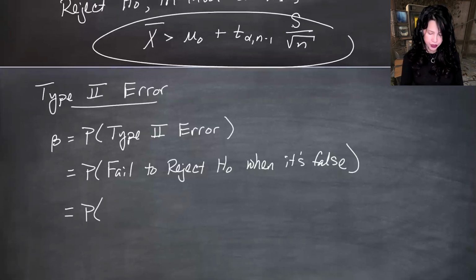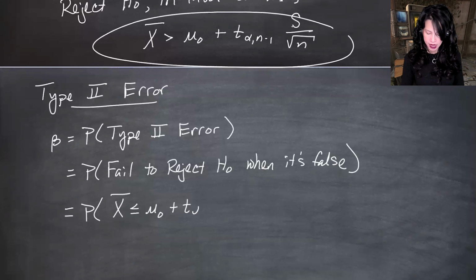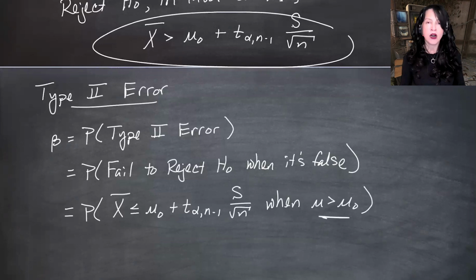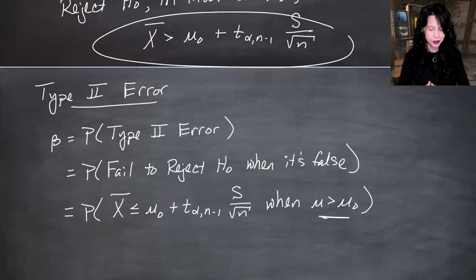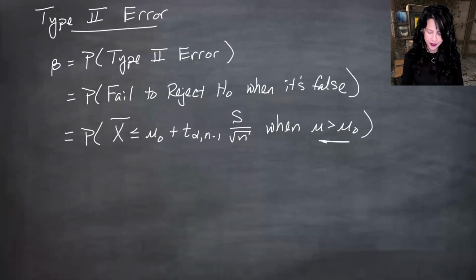We're going to fail to reject it if our x bar is actually less than or equal to mu naught plus t sub alpha comma n minus 1 capital S over the square root of n. When it's false means when mu is greater than mu naught, because that was the alternative hypothesis here. That was the not H0 sort of thing here.